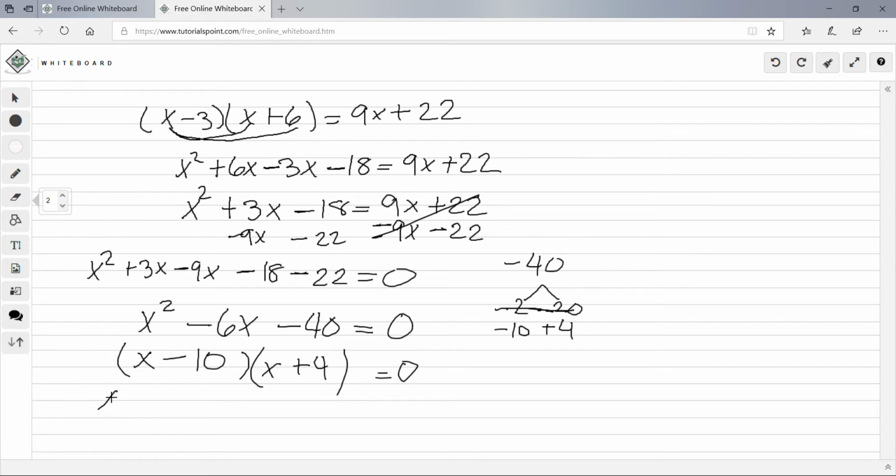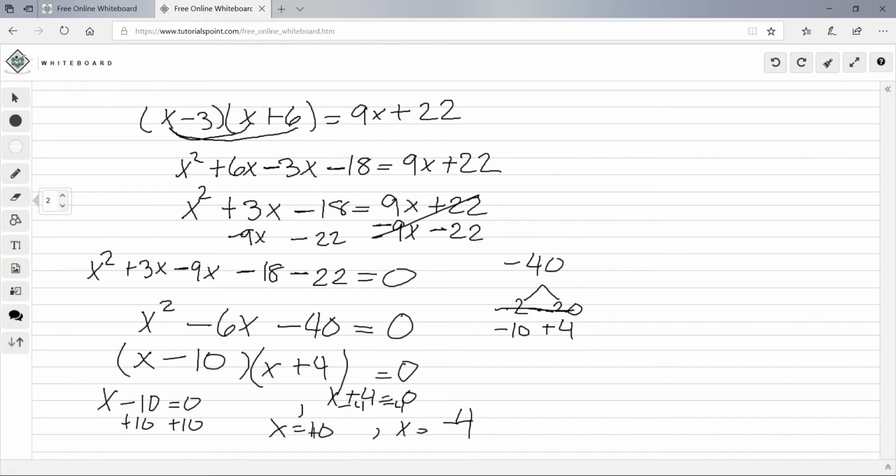So for x minus 10 equals 0, you add 10 on both sides, so x equals 10, right? And then for x plus 4 equals 0, you just subtract 4 on both sides. So our x equals negative 4. We get two answers.